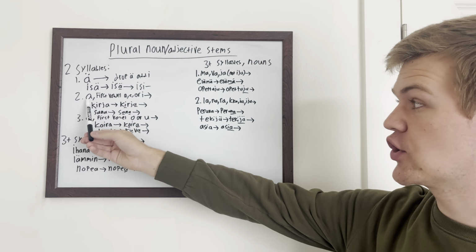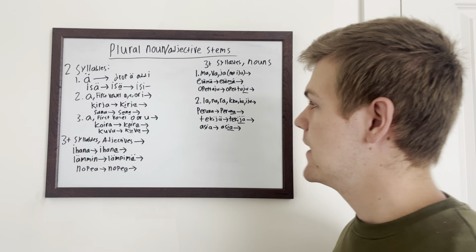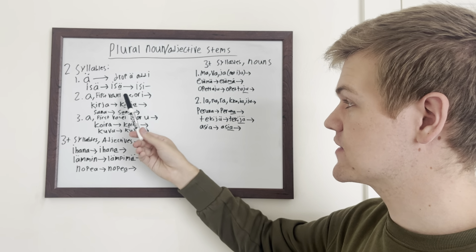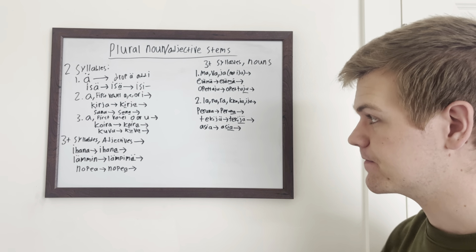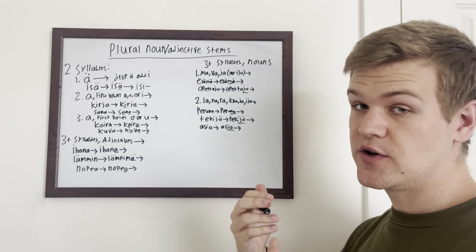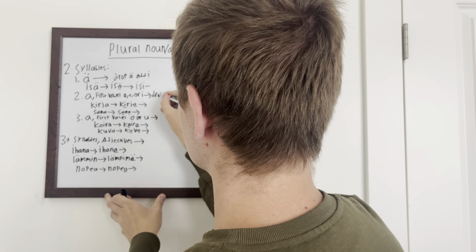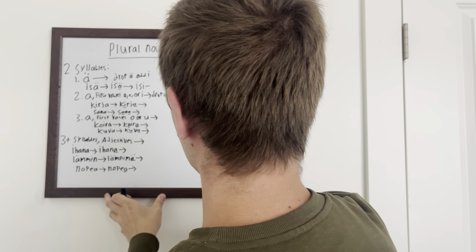However, if it's just a normal a, not the a with the dots, then we're going to have to look at what the first vowel is. So if our first vowel is a, e, or I, then we're going to use the OI, like I said. So we're going to drop a and add OI.